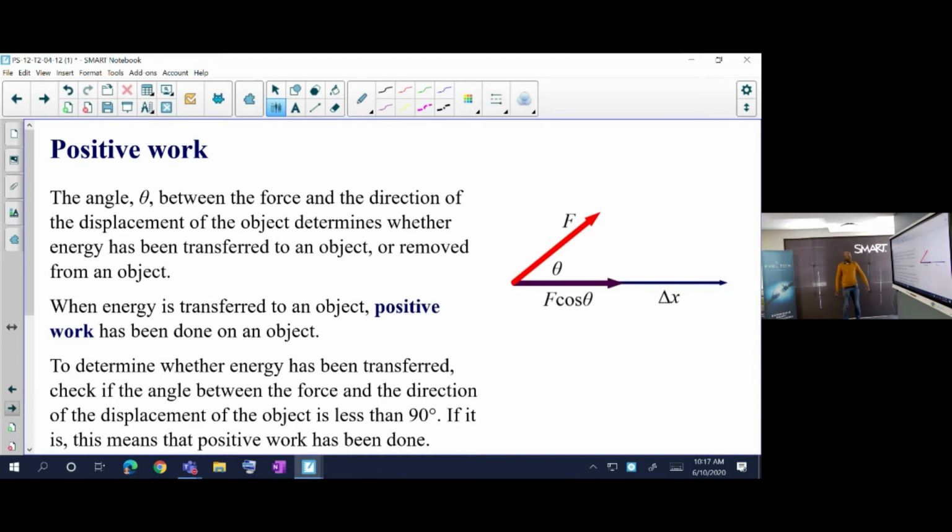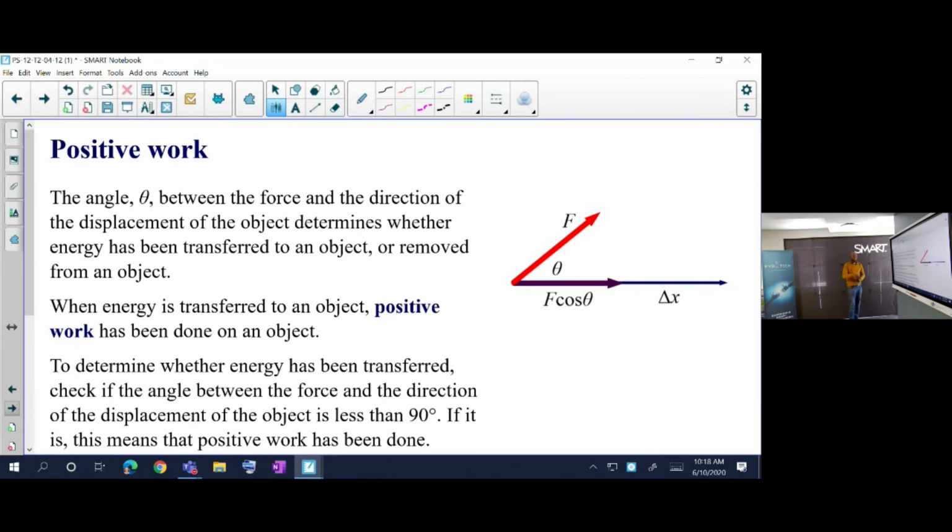All right. When energy is transferred to an object, this is very, very important. I need you to bear this in mind. When energy is transferred to an object, of course, the object will move. It will move faster and faster, if it's not constant, is that clear?